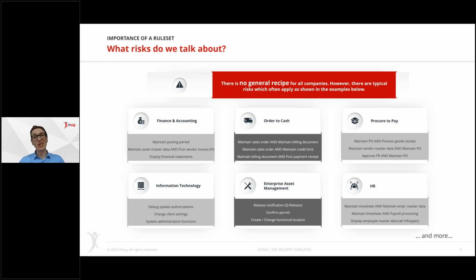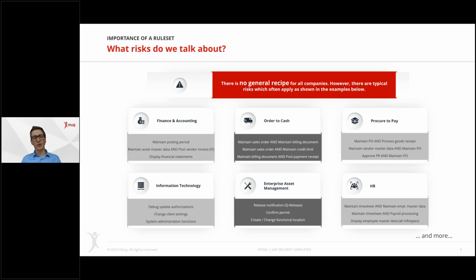So it's a key element in such a project to have the business on board with you and to get their acceptance, so that they really understand what the rule set is about and what it is for. Having a list of rules is something that helps, but it's not the general recipe and not enough to go live with.